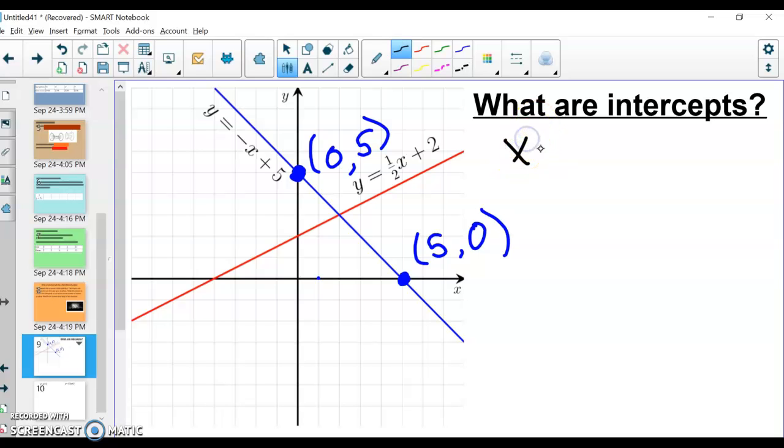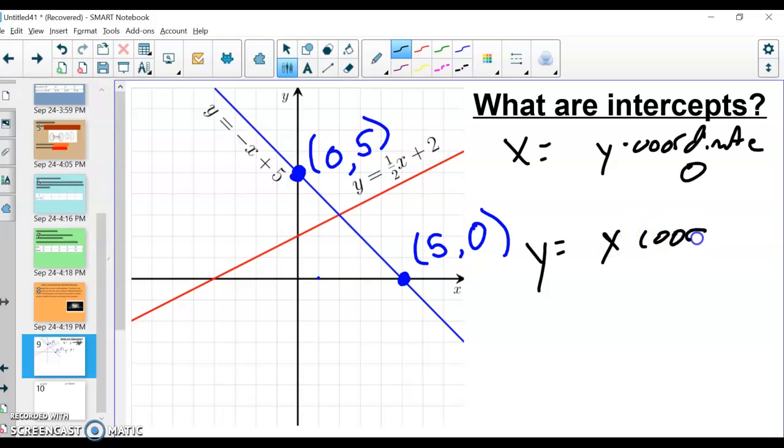The x-intercept is always going to have a y-coordinate of 0, and the y-intercept is always going to have an x-coordinate of 0. Again, notice the y-intercept has an x-coordinate of 0, and the x-intercept has a y-coordinate of 0.